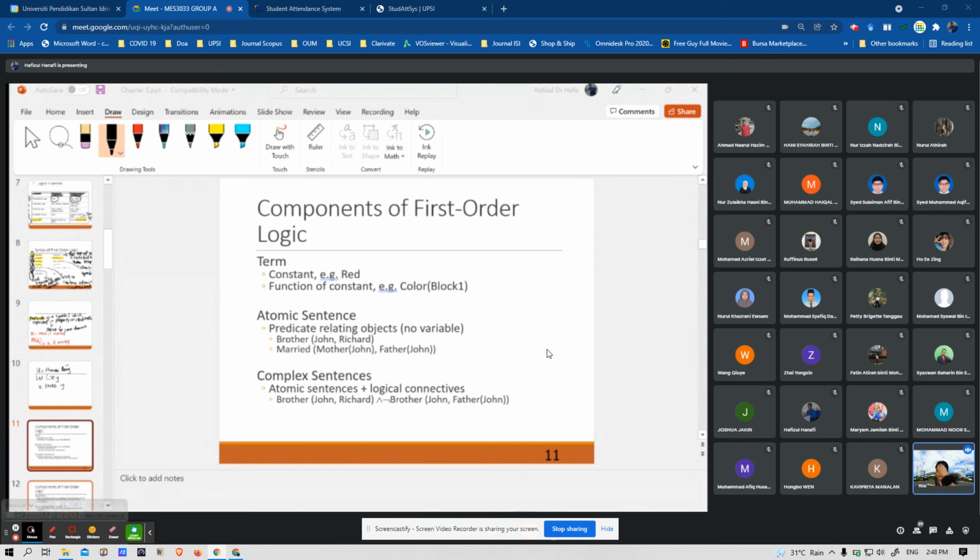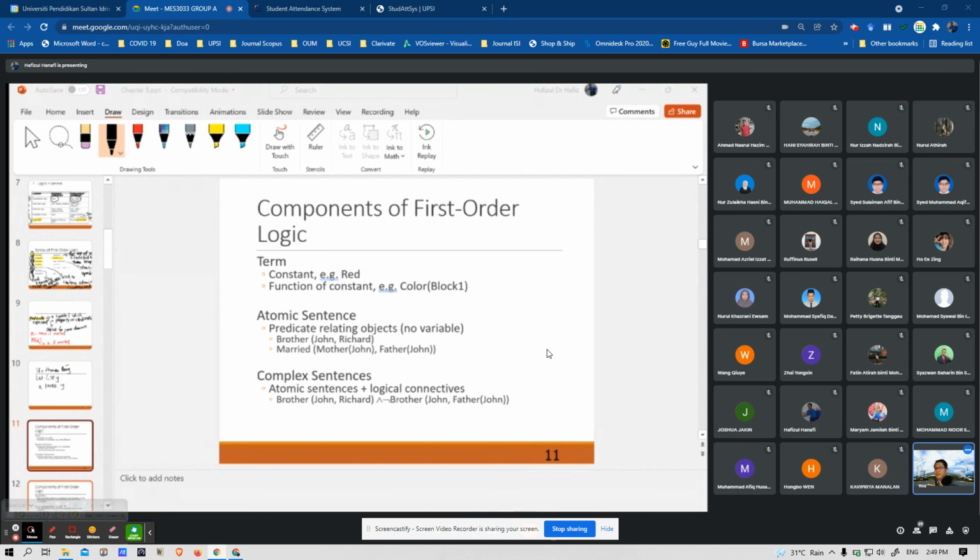For another example, for atomic propositions: pi is a prime, and the program will terminate. And then propositional formulas are constructed from atomic propositions by using logical connectives. Okay, this one is atomic sentences, and then we have complex sentences.